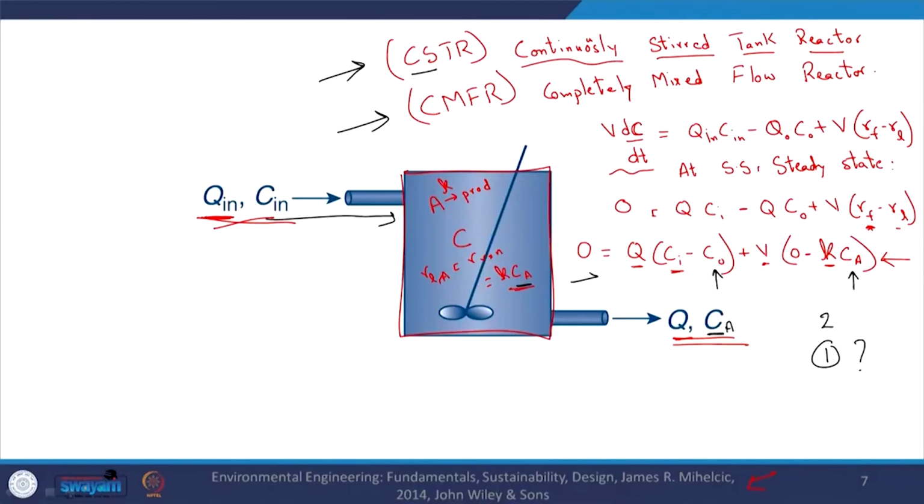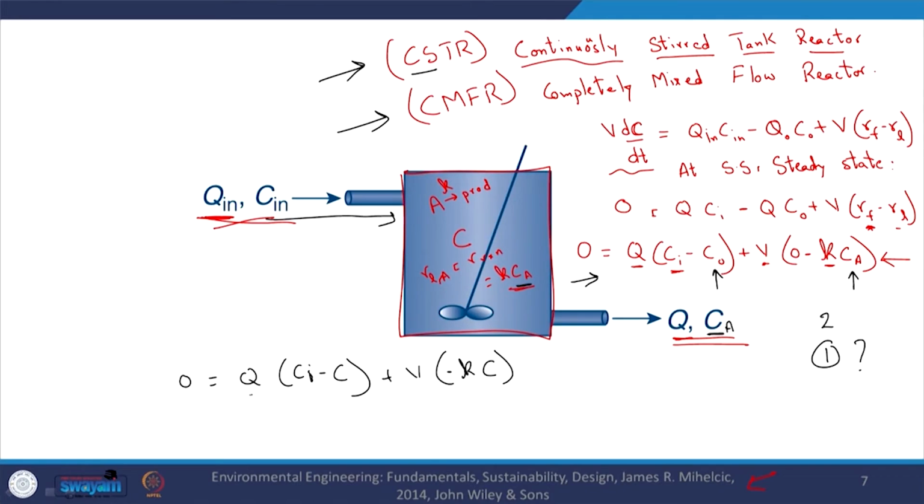So, with that information, what can I do? 0 is equal to Q into C in minus C out, which I will just say is C, plus volume into minus K times the concentration of the compound inside the reactor, which I will refer to as C. Now, if I play around with these variables to try to solve for C, let us see what I will have.